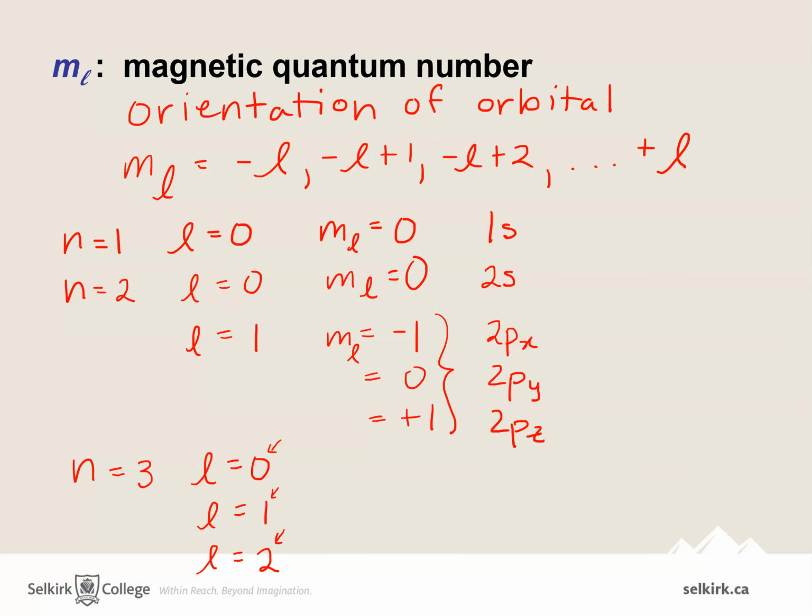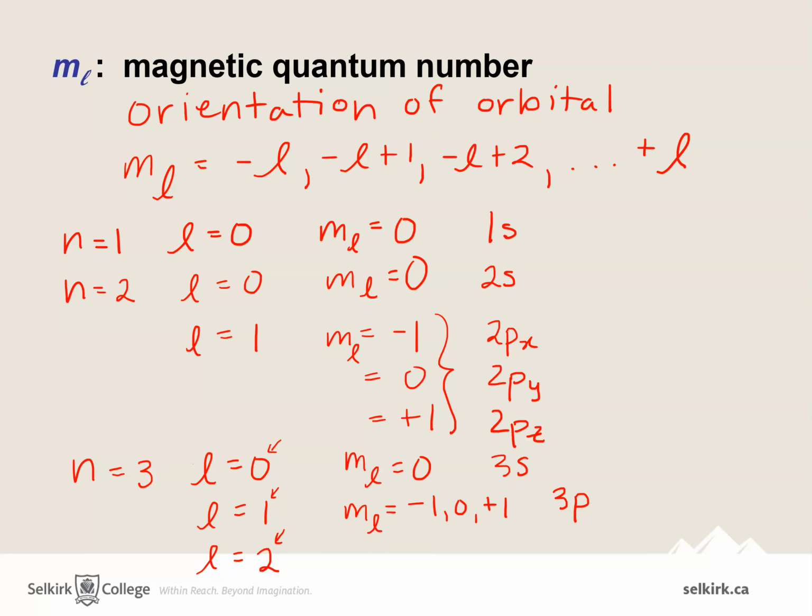Now, how many orbitals in each sublevel? When L is 0, ml has to be 0. So the 3s orbitals come in only sets of 1. For the 3p, L is 1. So ml can be anything from negative L to positive L. I made 3 labels. The 3p orbitals come in sets of 3.